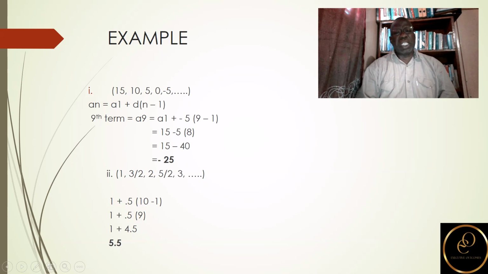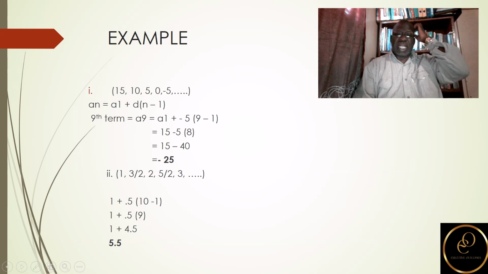The position is number 9 in the series, so 9 minus 1 gives you 8. So we have 15, then negative 5 times 8, which is negative 40. So 15 minus 40 means that the number at the 9th position in this series is expected to be negative 25.